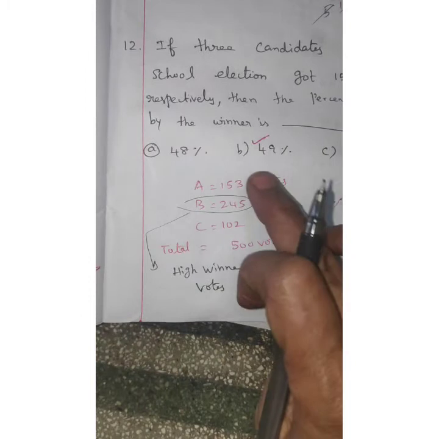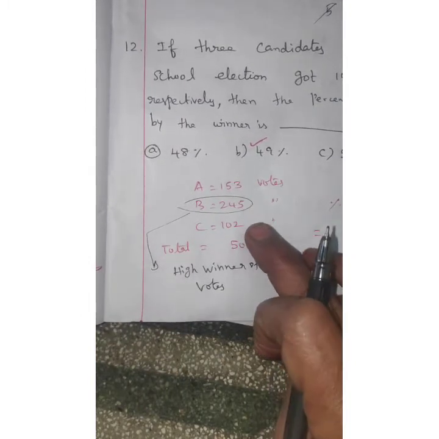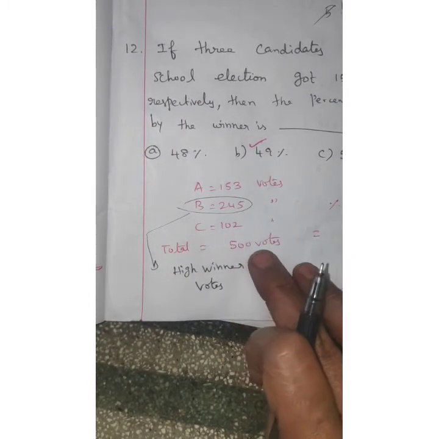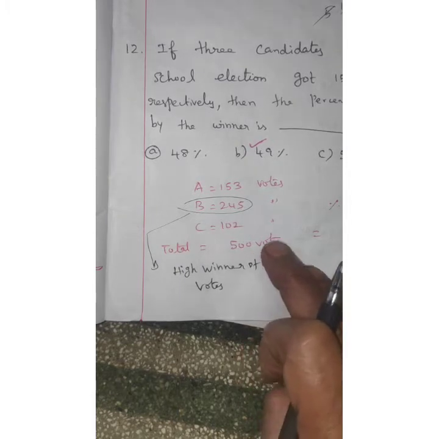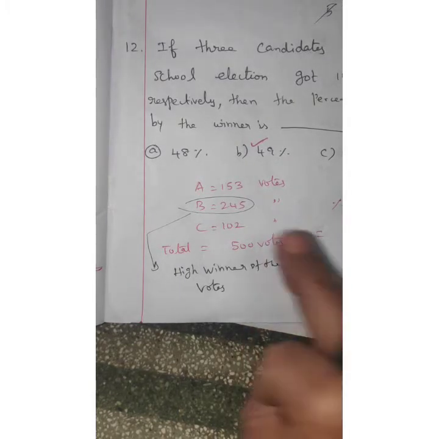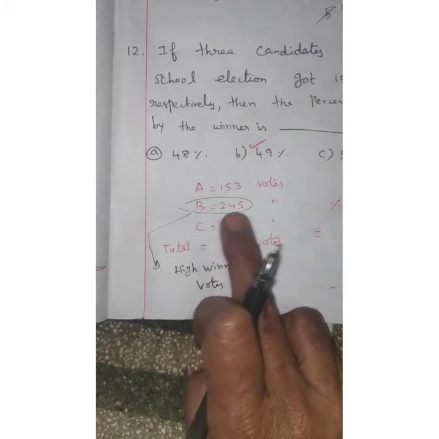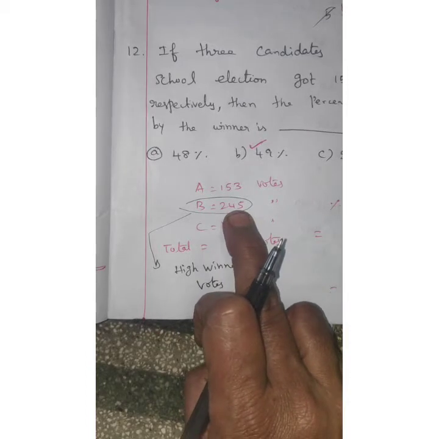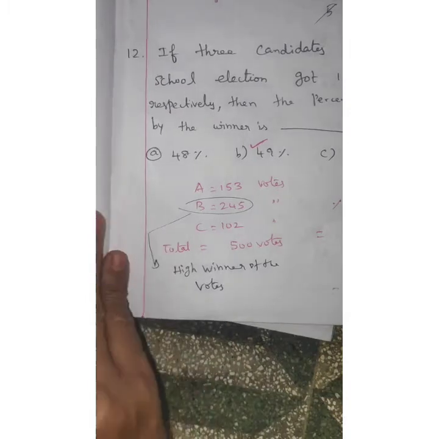So for the total number of votes, we want to add all the numbers 153, 245, 102. Add and get the answer equal to 500 votes. Now the highest vote is B's, 245. This is the winner of the votes.